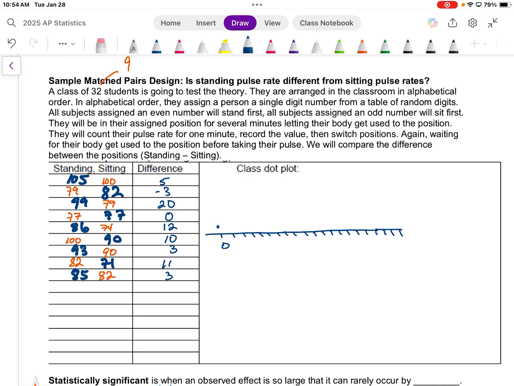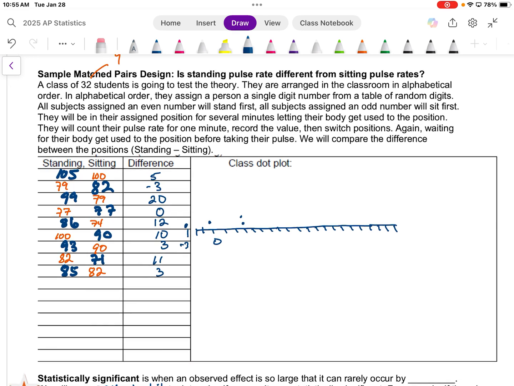We have a negative 3, then 1, 2, 3, two of those. We have a 5. We have a 10, 5, 6, 7, 8, 9, 10, 11, 12. And a 20. 1, 2, 3, 4, 5, 6, 7, 8, 9. Yep.